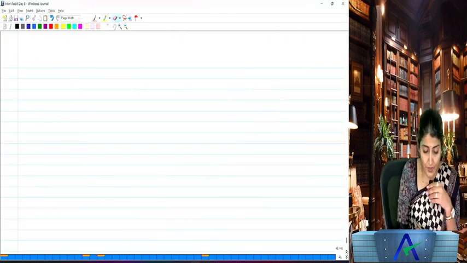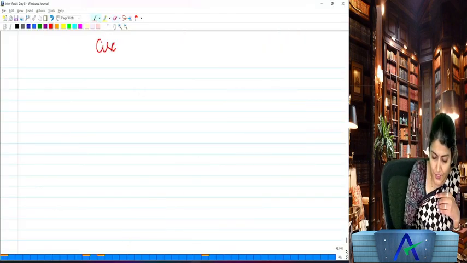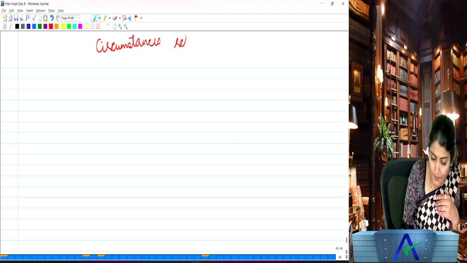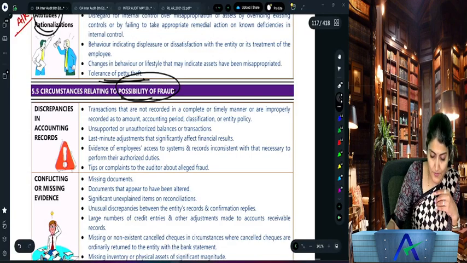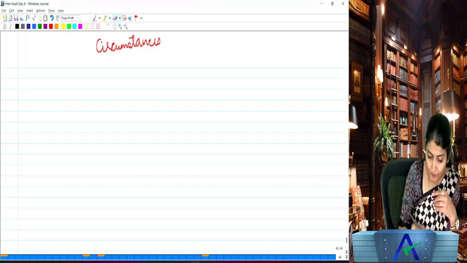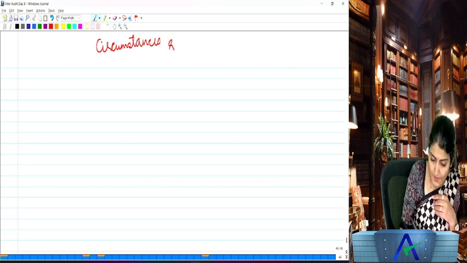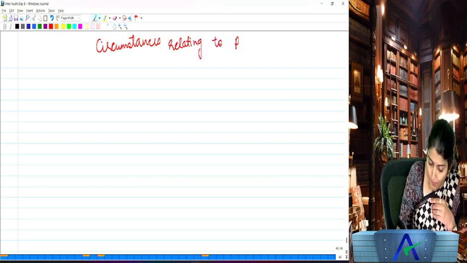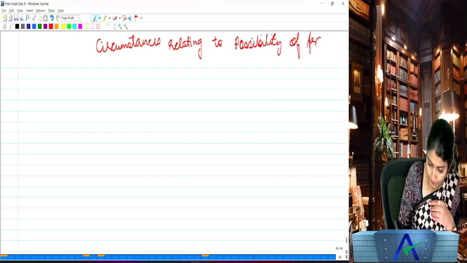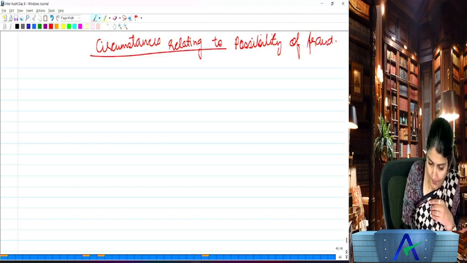So now coming to the last part of the chapter, which is regarding the circumstances relating to the possibility of fraud.